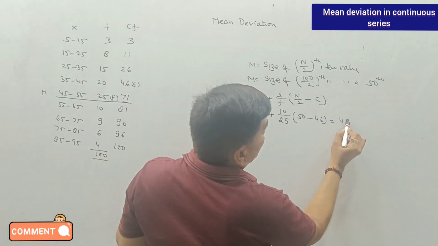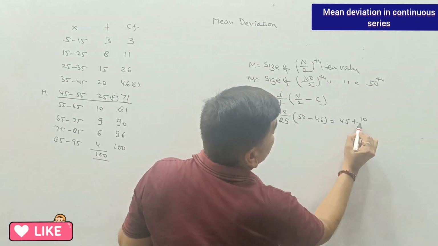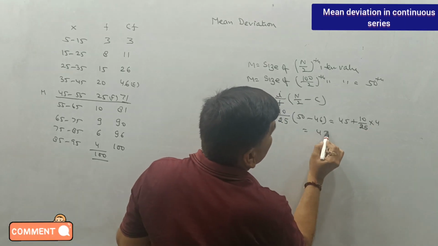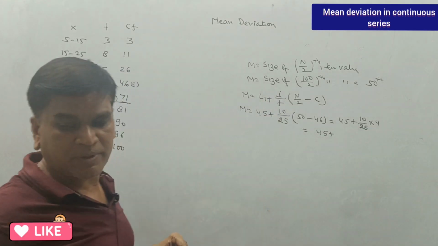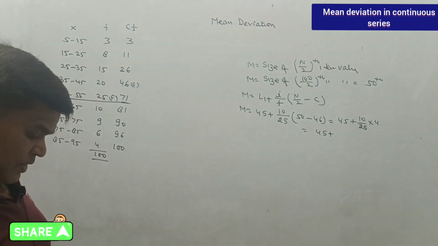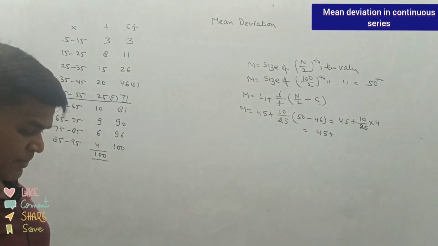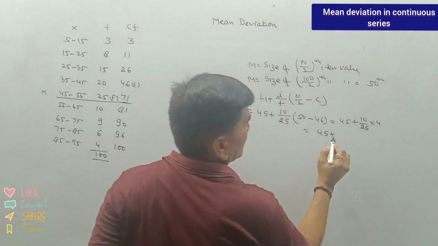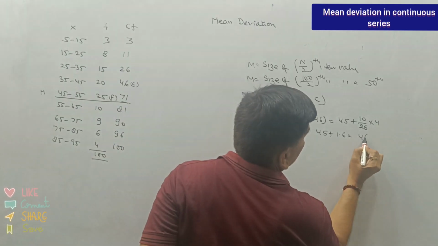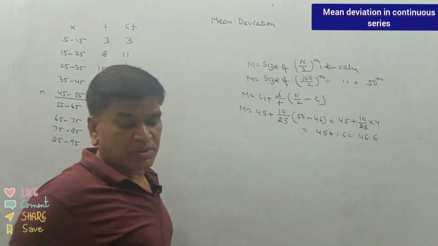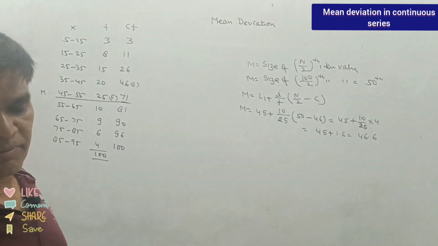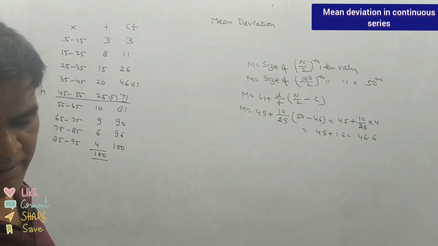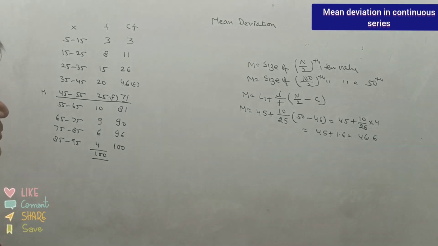So 45 plus 10 upon 25 multiplied by 4, so our median is 45 plus 40 upon 25. 40 divided by 25 is 1.6, that is 46.6. So the value of the median is 46.6.